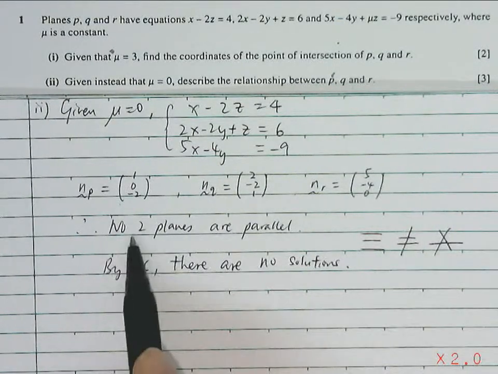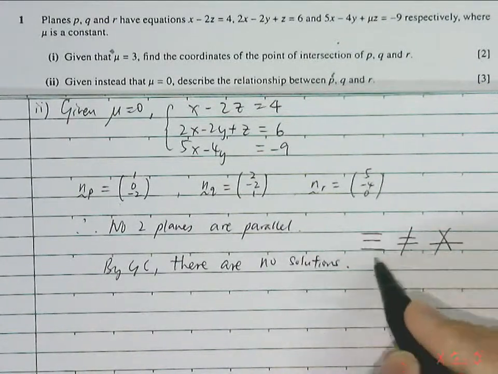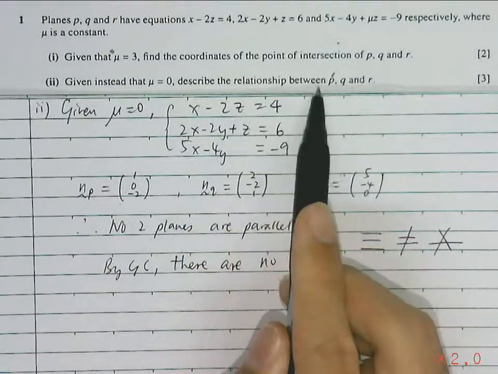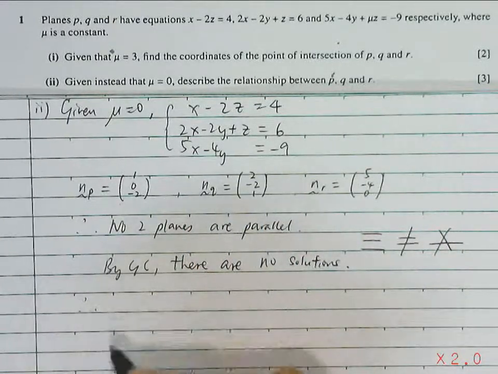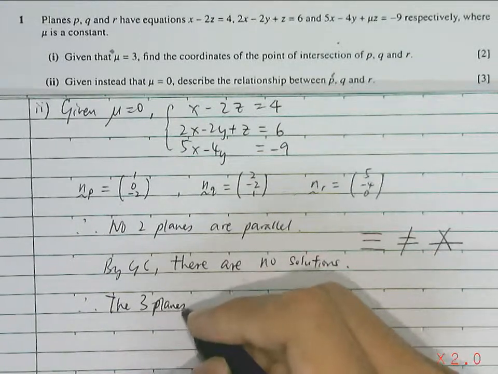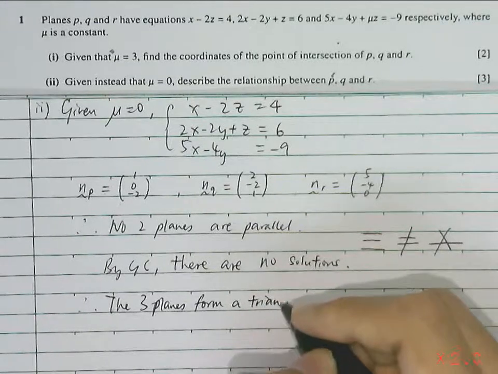But since we have already proven that no 2 planes are parallel, it cannot be the first 2 cases, it has to be the last case where the 3 planes form a triangular prism. So to describe the relationship between P, Q and R, we will say that the three planes form a triangular prism.